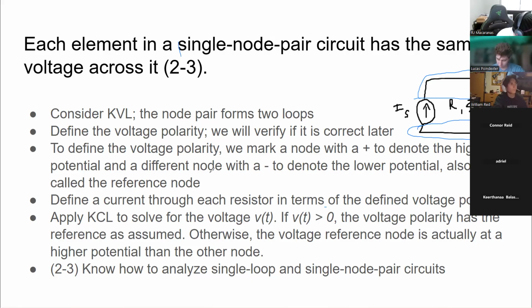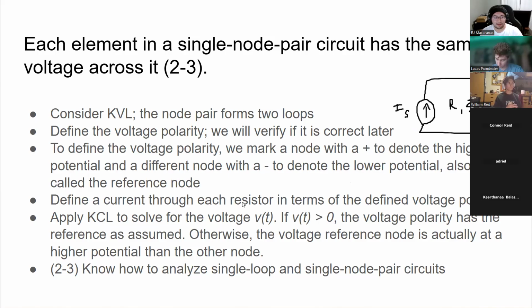Yeah, there's a section called problem solving strategy, and they have one for the single loop circuits and one for the single node pair circuits, and this is where I derived this set of bullet points from. So it's worthwhile to go through the book and look at those.